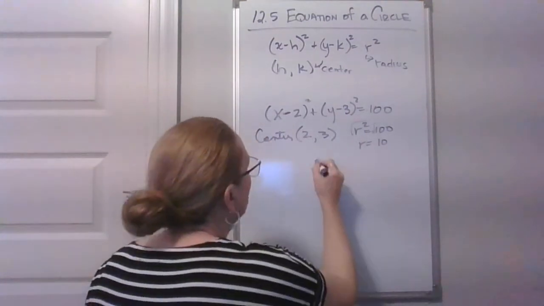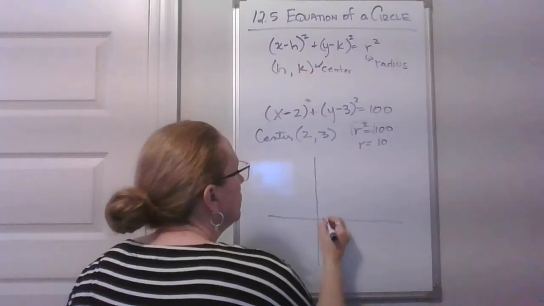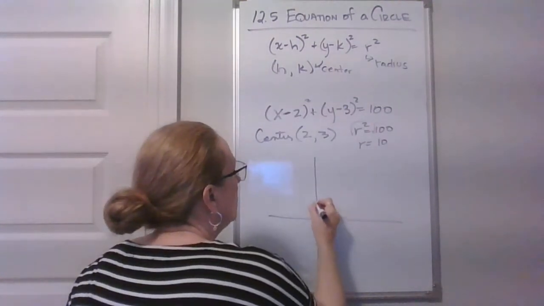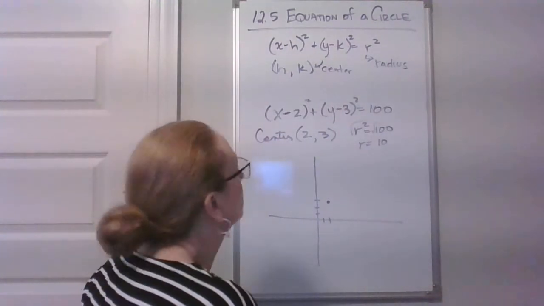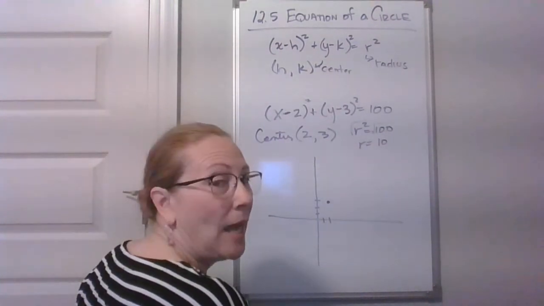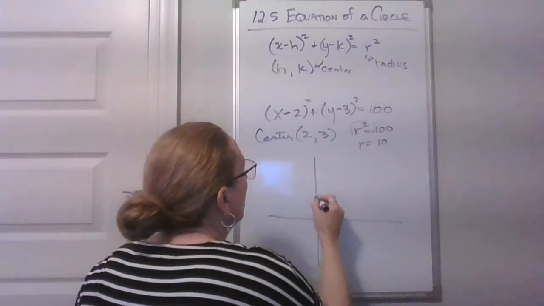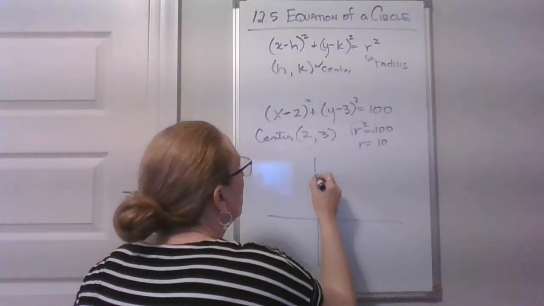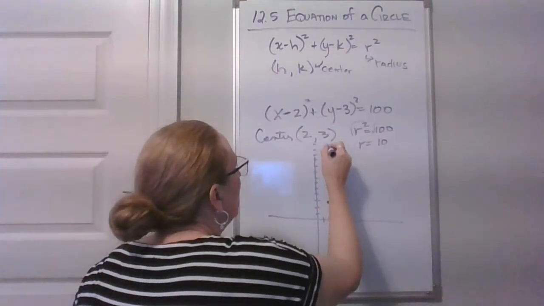All right, so graphing. Again, we're going to go over 2 and up 3. So there is my center. Since my radius is 10, I'm going to be going around 10. 1, 2, 3, 4, 5, 6, 7, 8, 9, 10. Wow, that was really close.